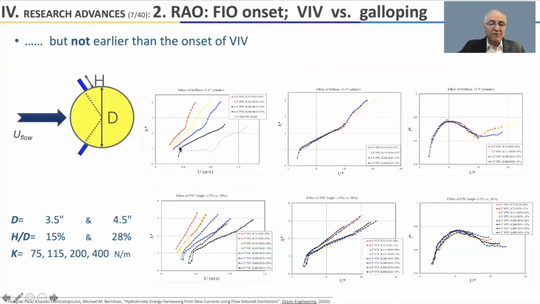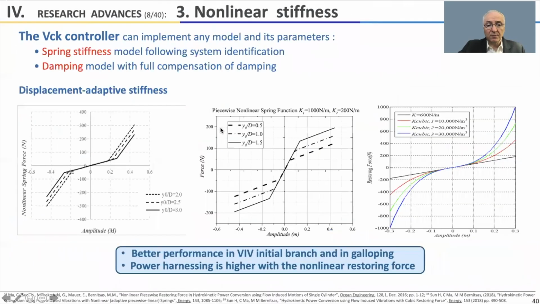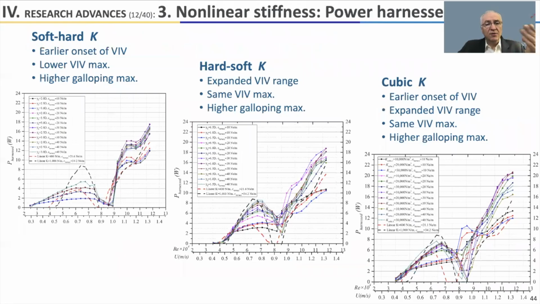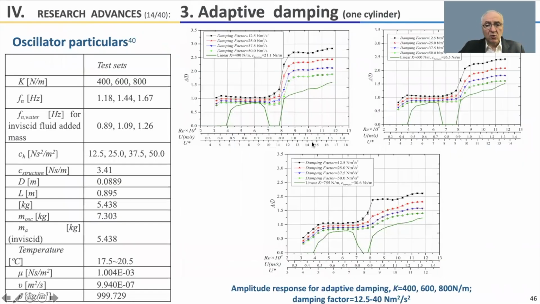We always have the initial branch of VIV, a little bit of the upper branch, and then we get into galloping. We have worked with numerous nonlinear stiffnesses in order to find a better nonlinear oscillator. They all have some advantages and some drawbacks, and we can combine the best, but the most efficient one was adaptive damping. In what sense?